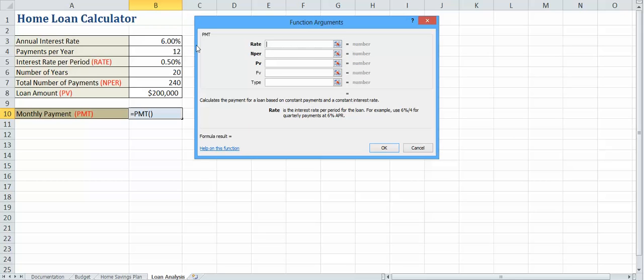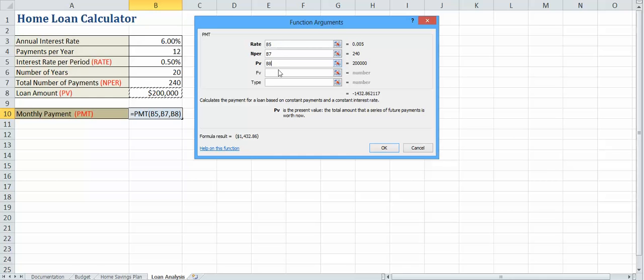So the first argument is the rate, so I'm going to click on the 0.5%. And then the second argument is NPER, which stands for the number of periods in the loan, or the number of payments. So I will click on B7. And the final argument is the present value, or the amount of money that you are borrowing.